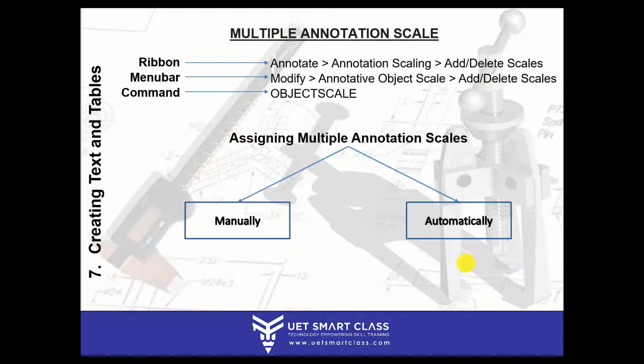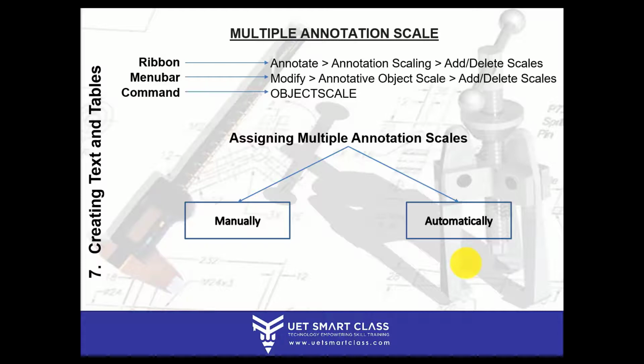But AutoCAD will calculate, and accordingly it will represent. If in paper space you have given 1/4 inches, and here you are working on half inches, so accordingly it will set the height. When you move on to paper space, it will recalculate the scale and print it. Okay, so basically our time is saved here because of this feature, multiple annotation scale.